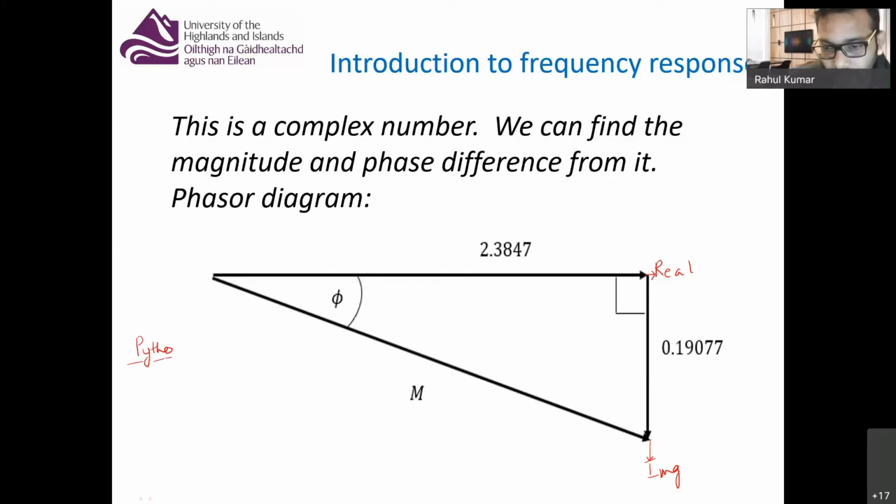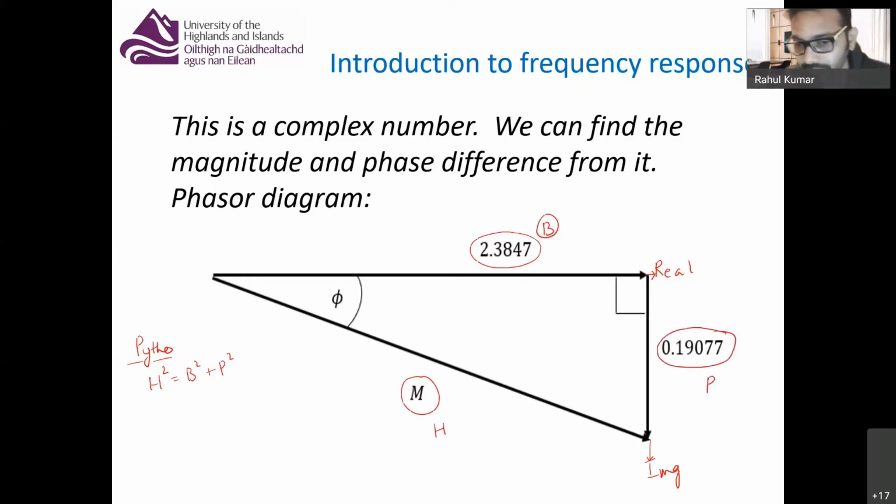Hypotenuse square is equal to base square plus perpendicular square. Hypotenuse is this side, the base is this, and the perpendicular is this one. So using that, you can calculate the length of the hypotenuse or the value of m.